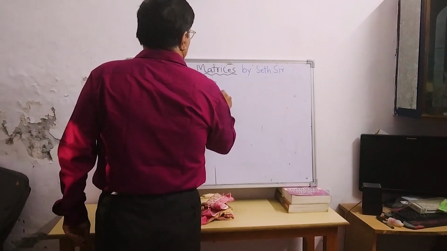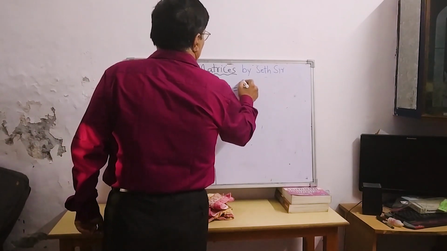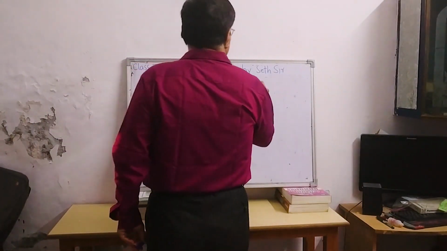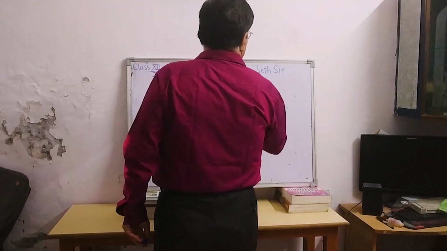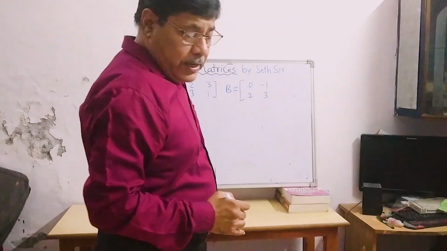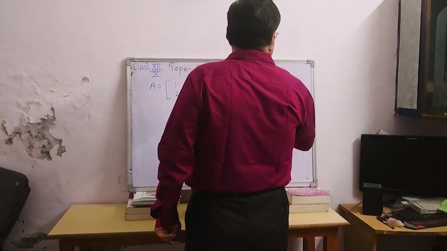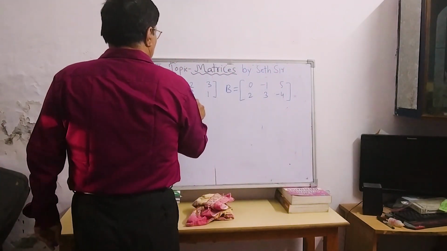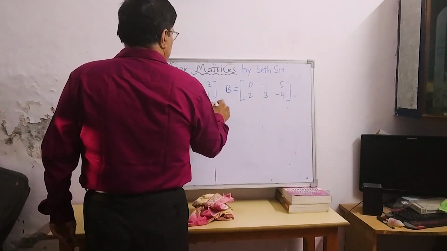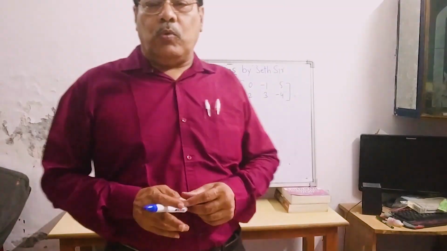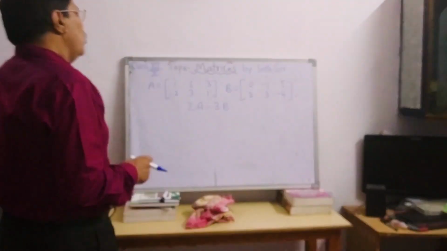And B is given to you, 0, 2, minus 1, 3, and 5, minus 4. You have to find the value of 2A minus 3B. How will you do it?